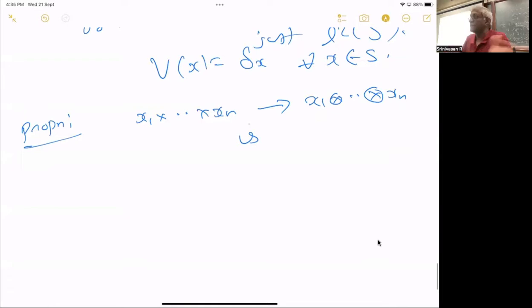This is clear, no? This alpha, whatever is happening, is in the tensor Hilbert space, while there the alpha is in the individual Hilbert space Hi. So this map is multilinear.